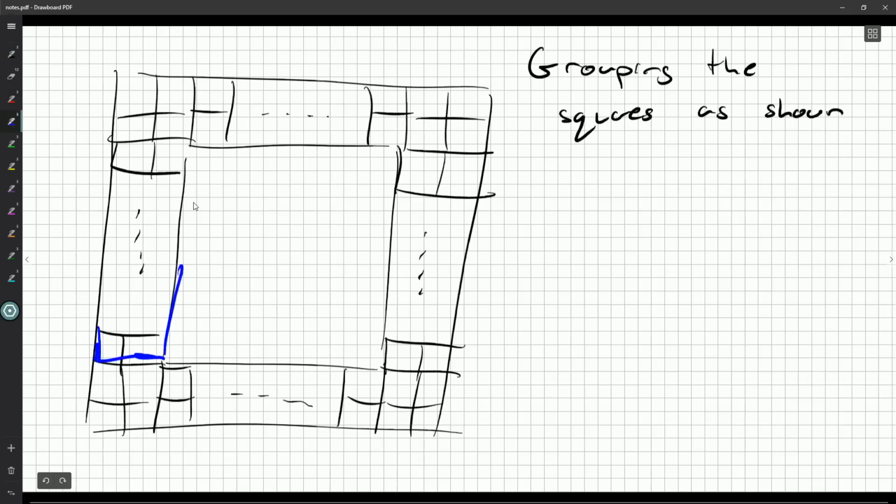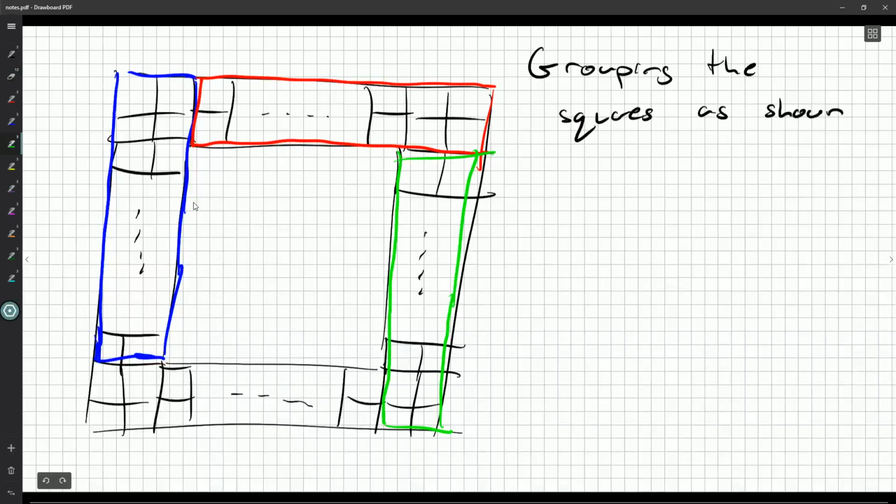So we'll do the same thing we did before. Use some red here. If I can figure out the number of squares in each of these colored groups, well, then I can just multiply by 4. Because all these groups are the same. I'll put yellow down here. All right.